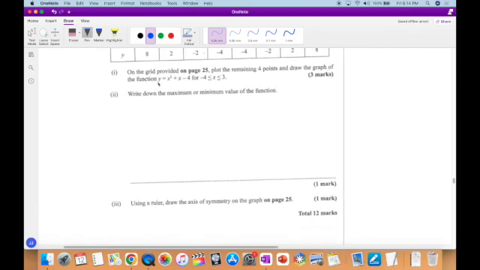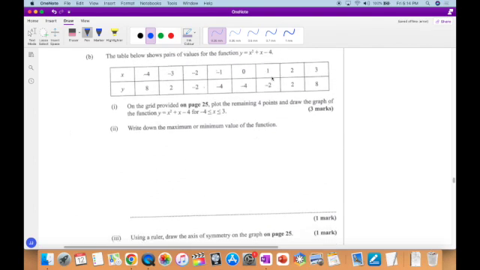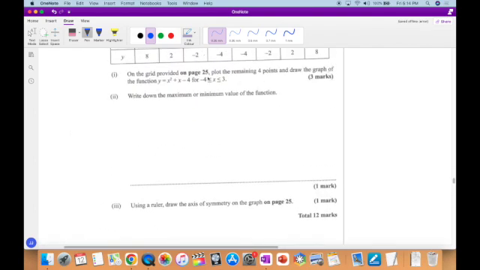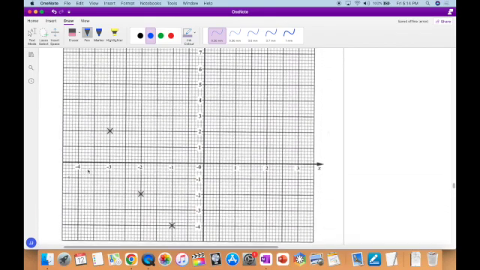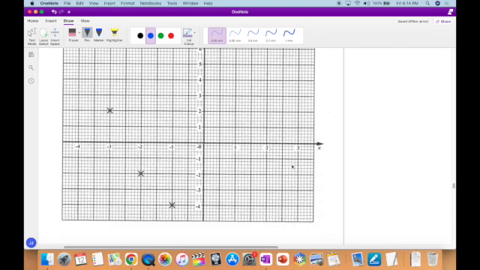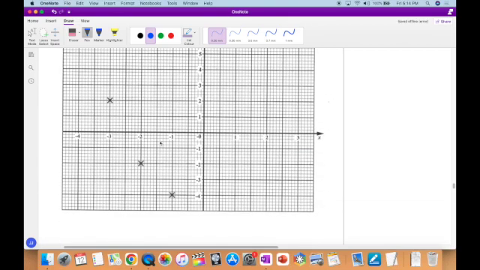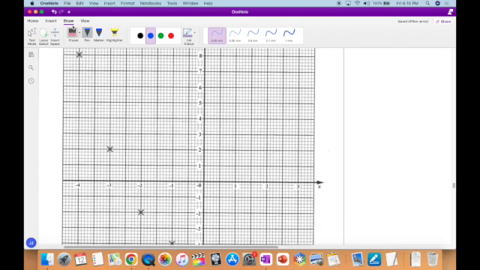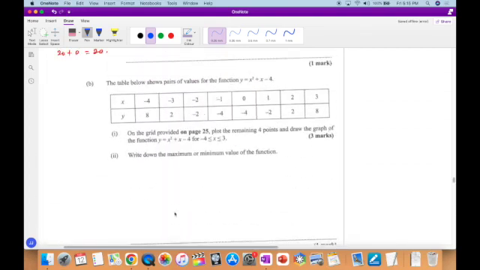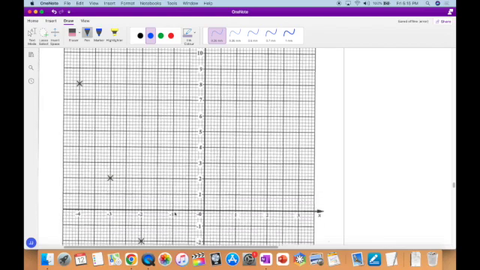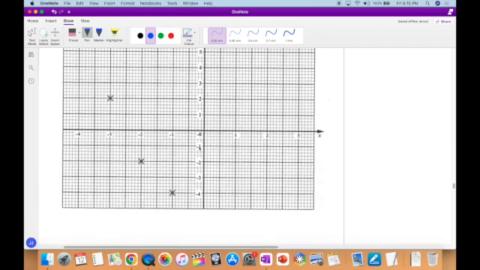On the grid provided on page 25, plot the remaining 4 points and draw the graph for x between negative 4 and 3. And I have to plot the rest of the points. So x is negative 4, negative 3, negative 2, negative 1 have been plotted. When x is 0, we have negative 4 as well.